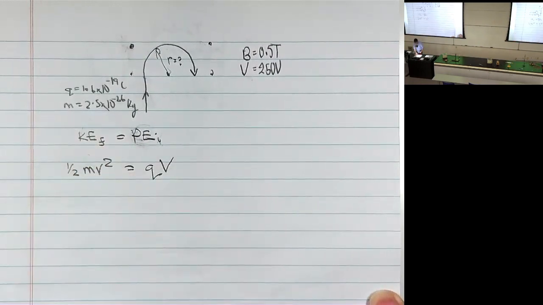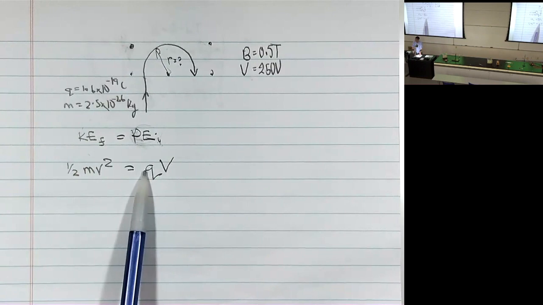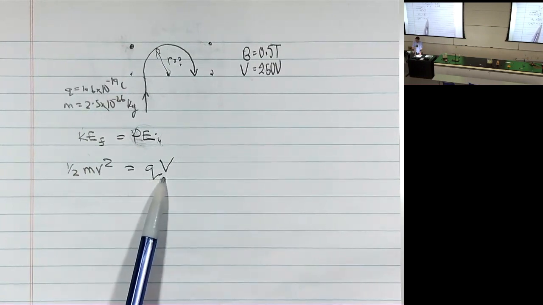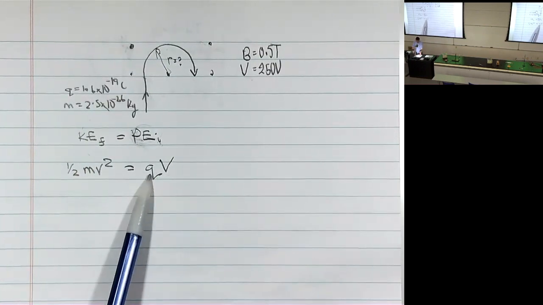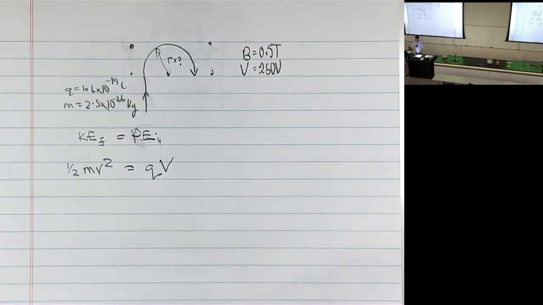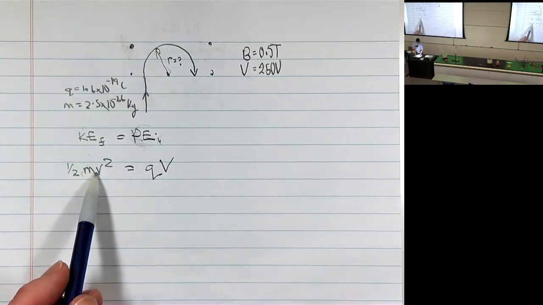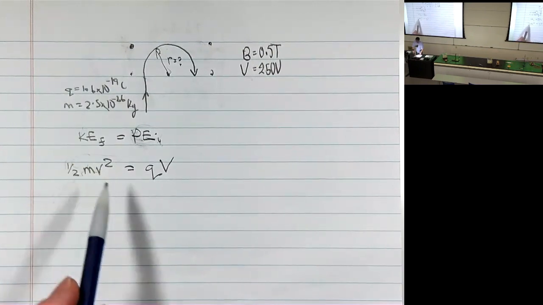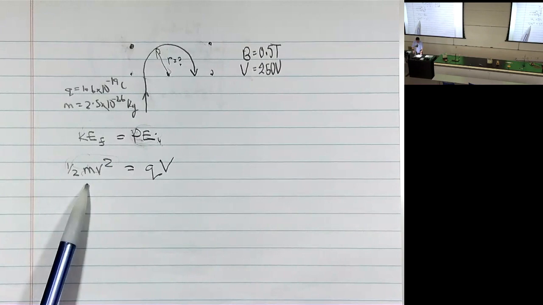But still, I'm filling in the potential energy. It's the height of the hill, V, times the charge of the particle. So that's the potential energy that's lost by moving the charged particle, and that energy didn't get destroyed, it just became kinetic energy. So on the right hand side here, I've got the kinetic energy.